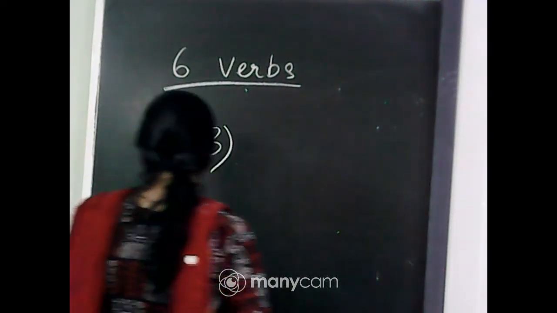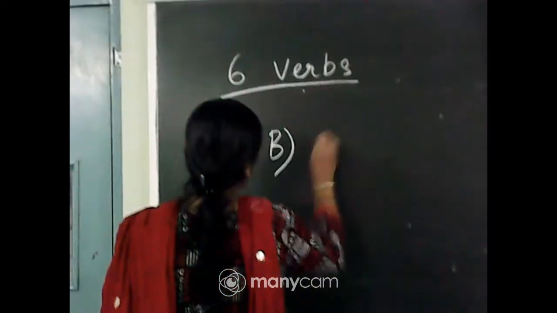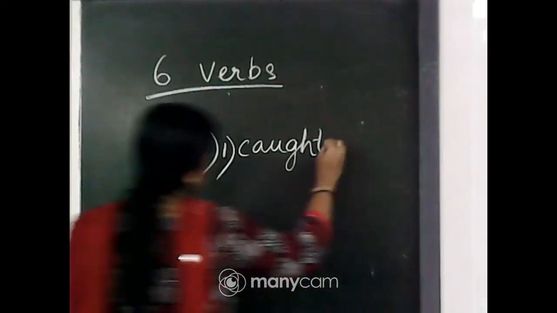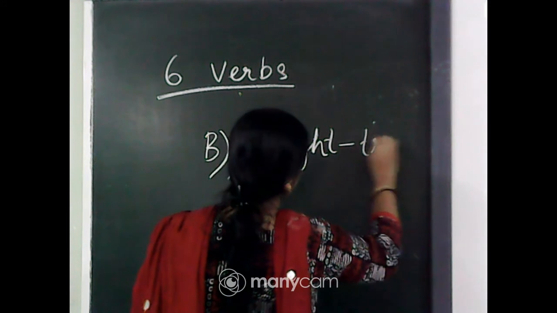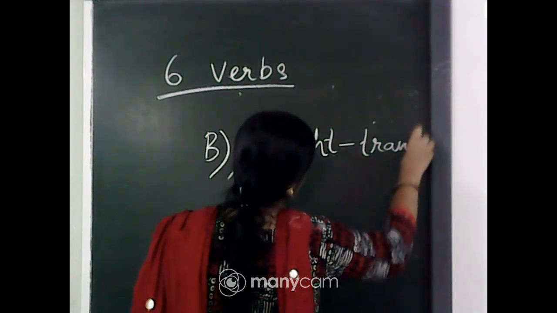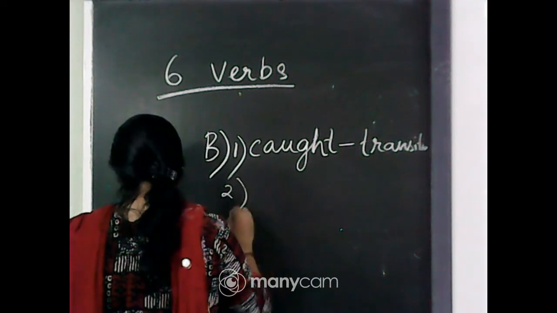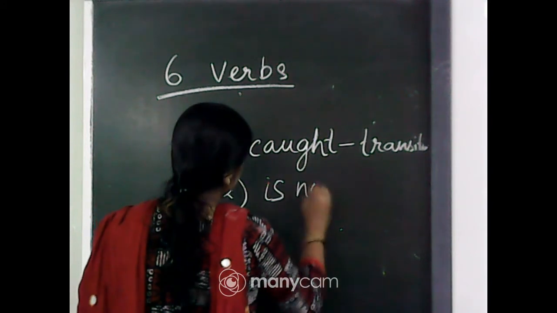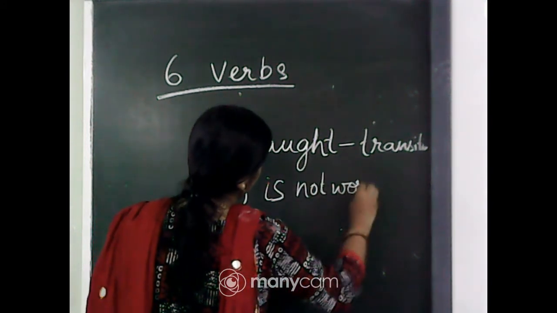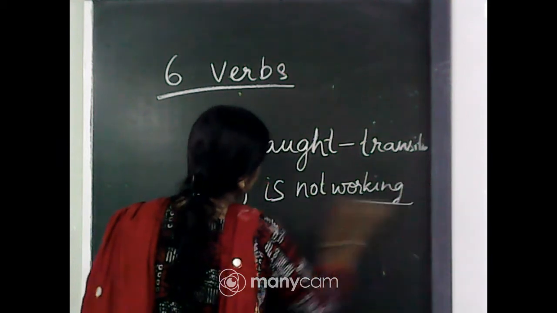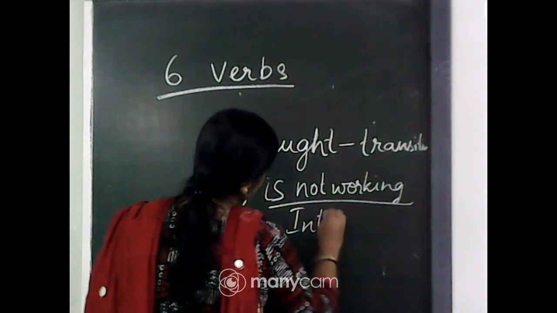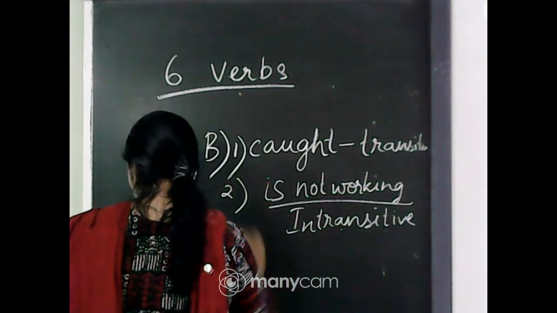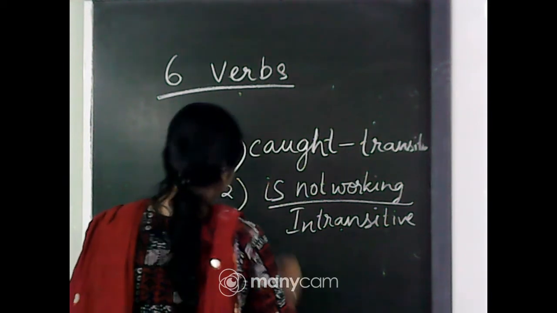Okay. So first sentence, caught, and this caught is a transitive verb. Number 2, is not working. The entire thing you will mark as verb, okay, and it's an intransitive verb. Number 3, the old lady helped the little boy.